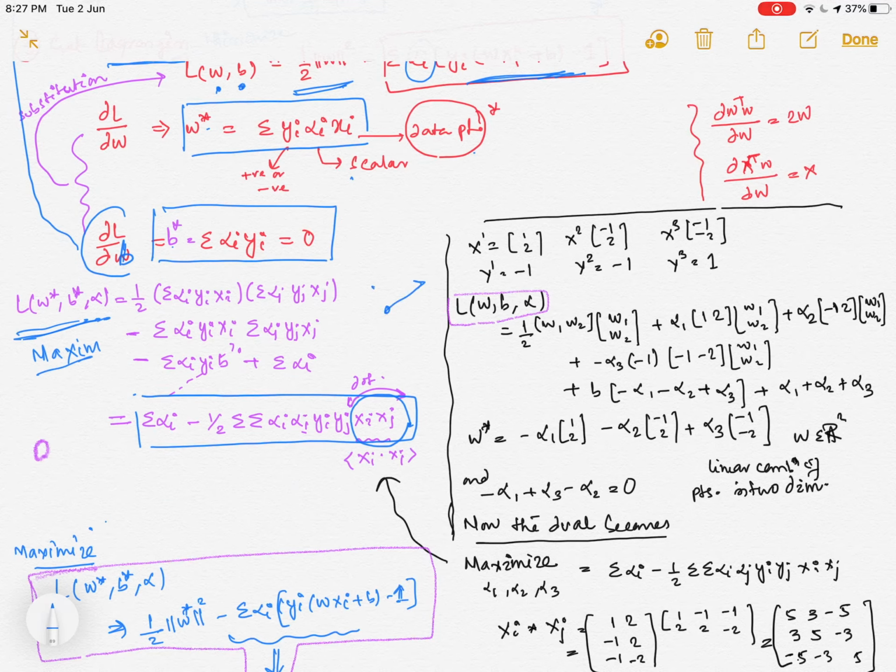So if there are multiple data points, we take the dot product of each with every other point. The dot product gives the information that if two features are similar, then the dot product will be maximum, and if two features are dissimilar, then the dot product will be minimum. So everything now boils down to taking the dot product between the data points that are given.